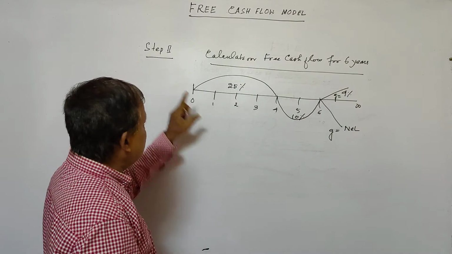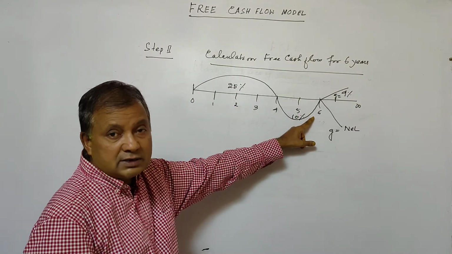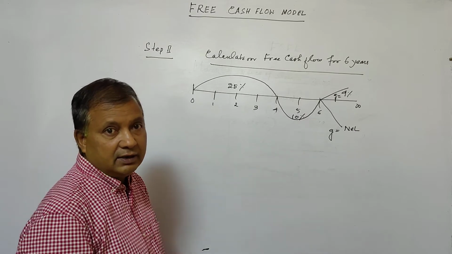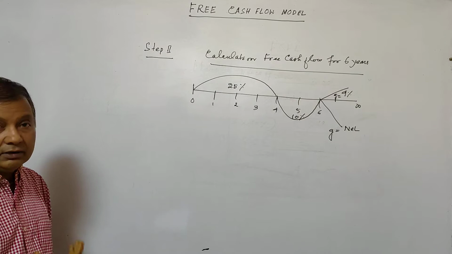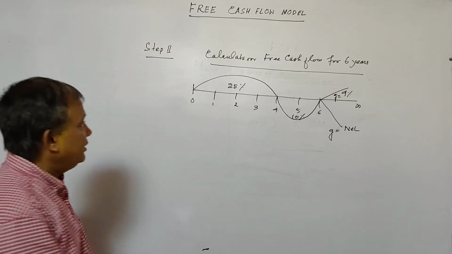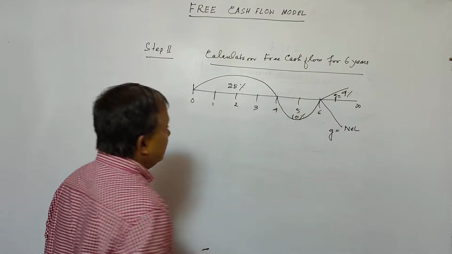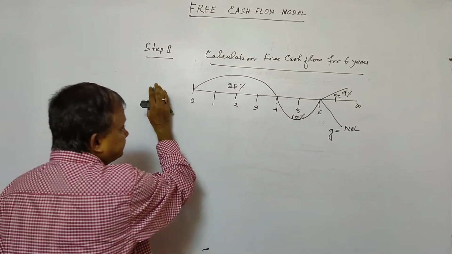So in this step we shall find out the cash flow for all 6 years, then we will go on to calculate the present value of such cash flow. This is the reason why we are calculating the free cash flow for 6 years.